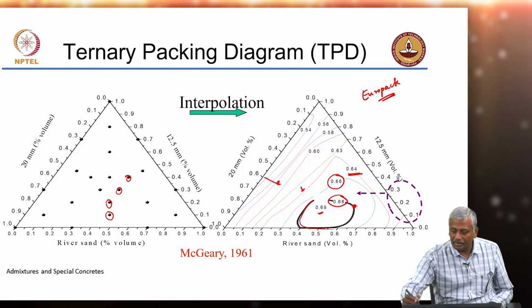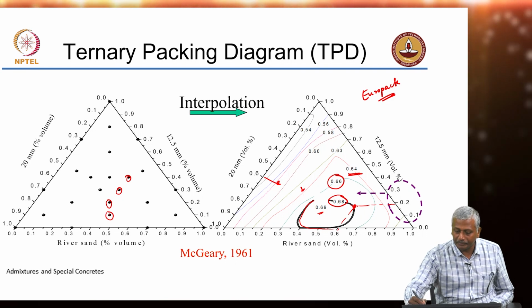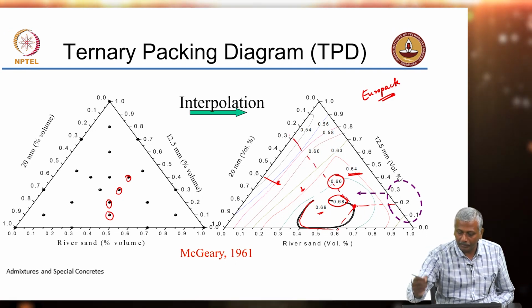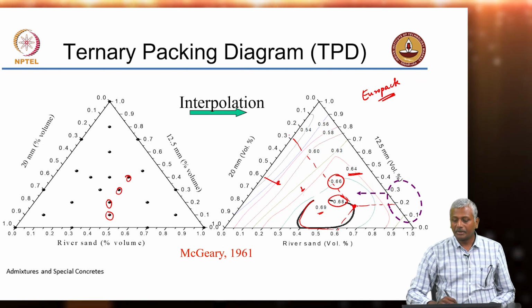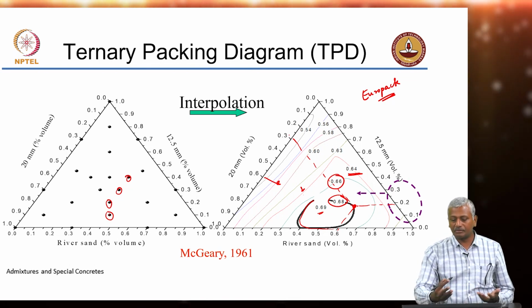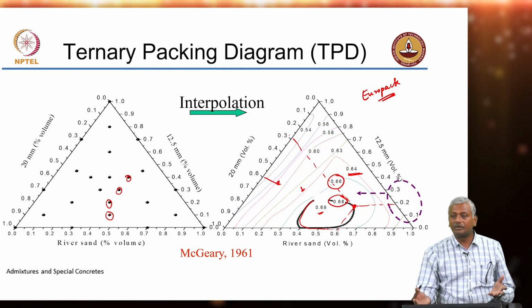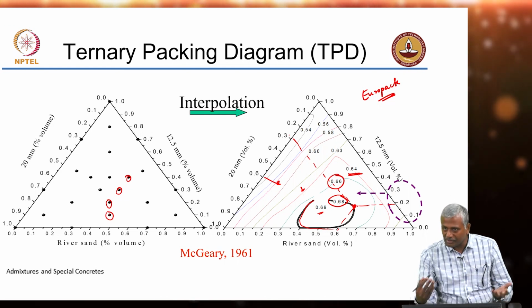You have to go basically towards each of the sides. So 55, 30, 10 or 55, 30, 15 like that. So there are several combinations.